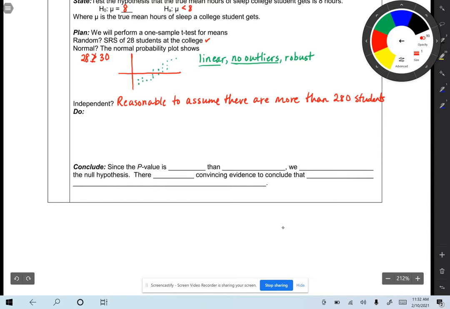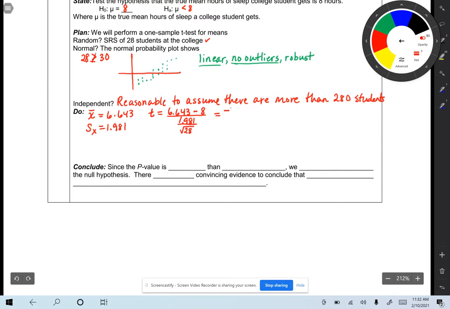All right, again, I did a one variable stat. Sample mean is 6.643 hours. Sample standard deviation is 1.981. Our t statistic is 6.643 minus the null, 8, divided by 1.981 over the square root of 28.